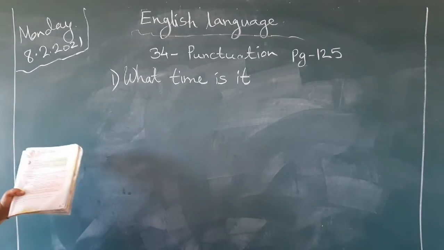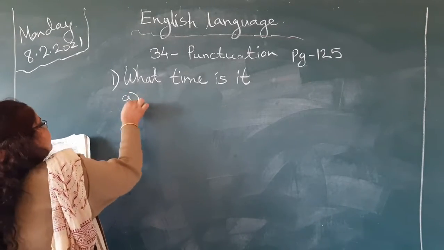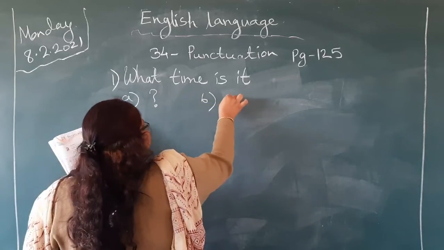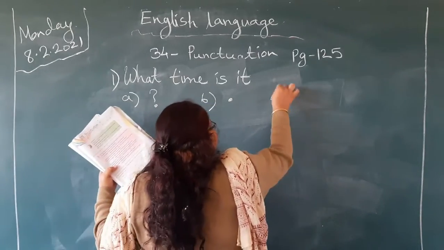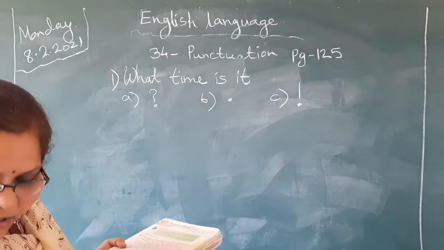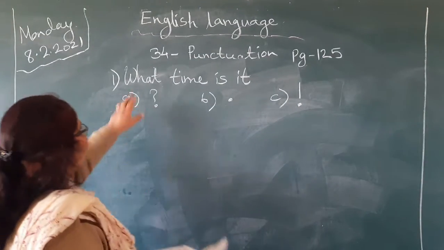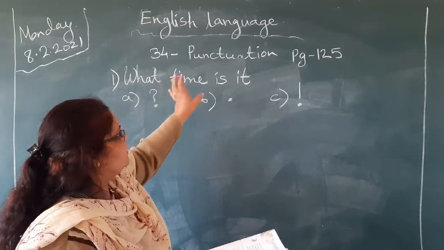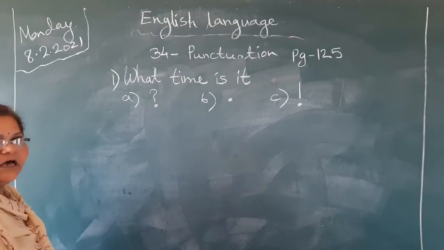This is the sentence given, and the options are given. A is question mark, B is full stop, C is an exclamation sign. You just have to read out this sentence: What time is it? Naturally, we can understand somebody is asking a question.